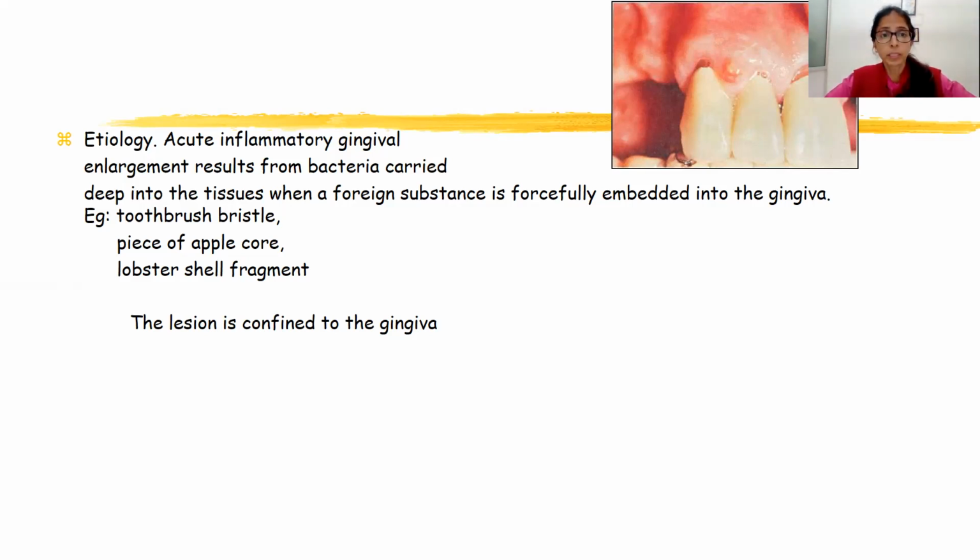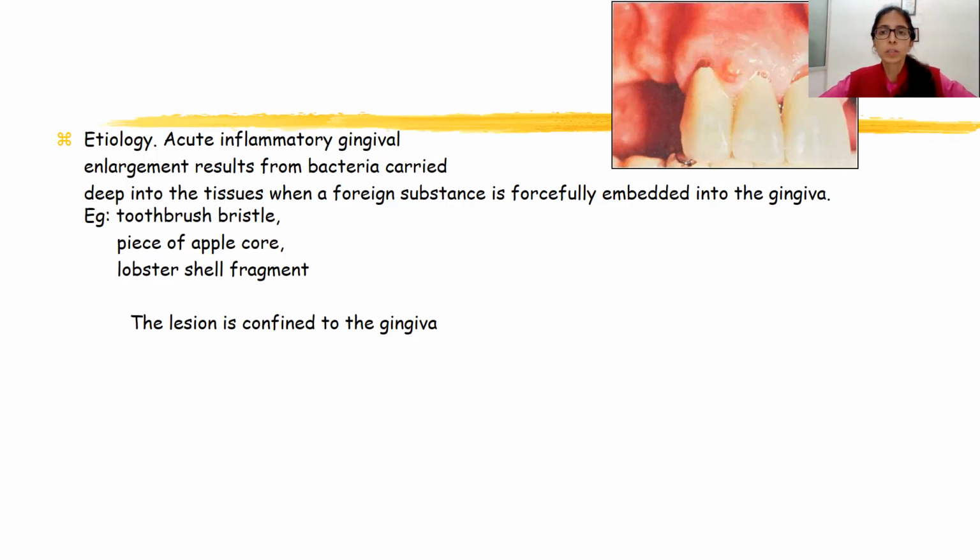And another very common example is while having egg, when a slight portion of the shell gets, we're unable to remove it from the cooked egg, and we accidentally eat that part. So that eggshell gets lodged, especially into the incisive papilla area.